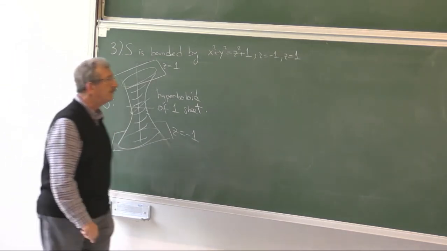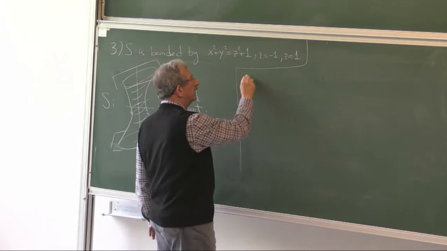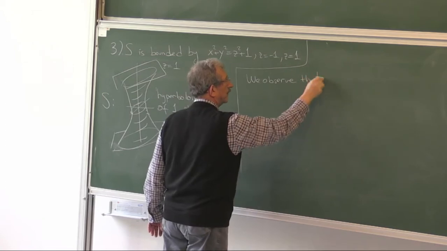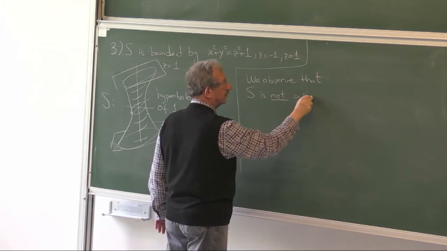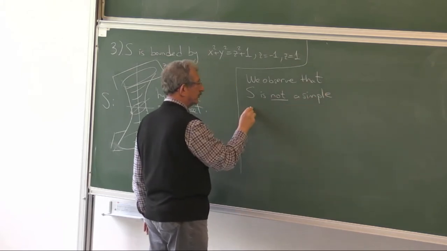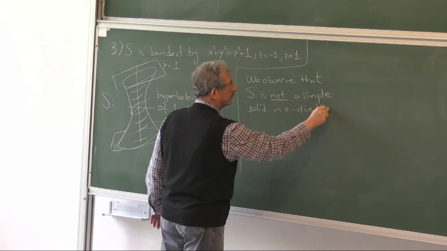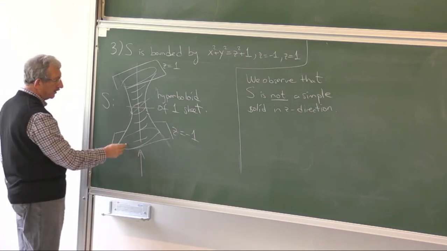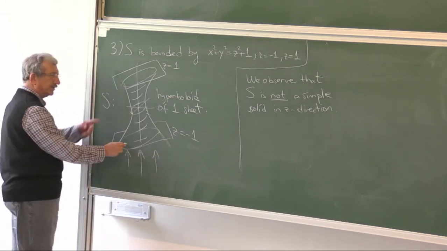Now, we observe clearly the following. S is not a simple region or solid in z direction. Obviously, when you look in the z direction, you enter somewhere here, that is z equal to -1.